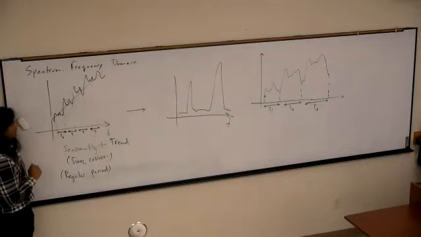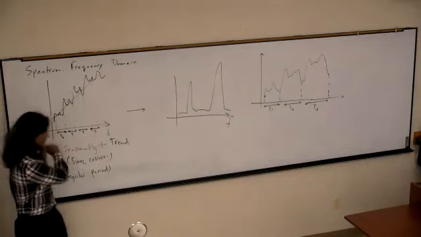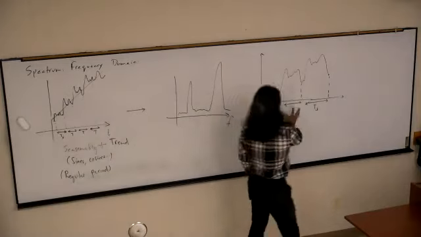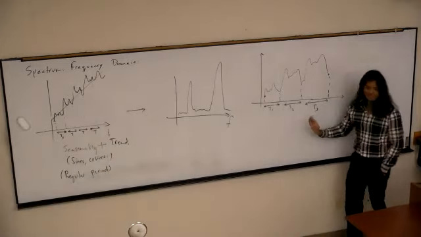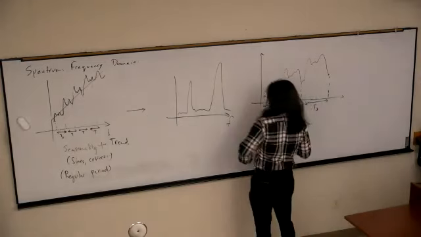Good? So, we've got time domain, seasonality plus trend. There is a trend here also, cyclic. It's called irregular period.